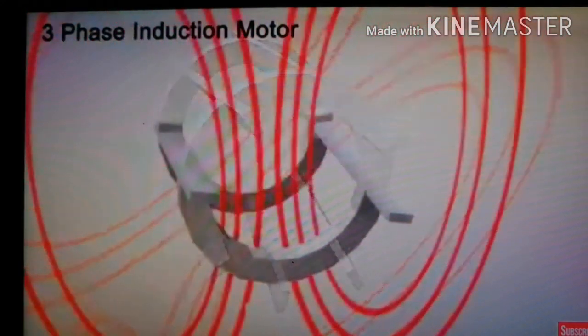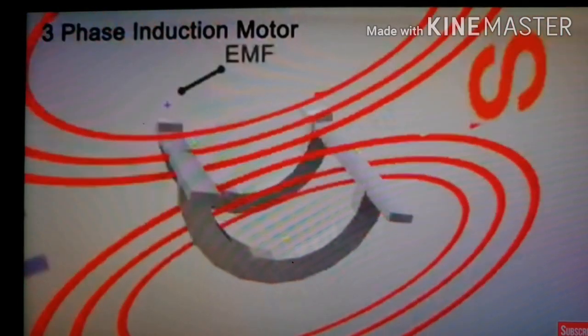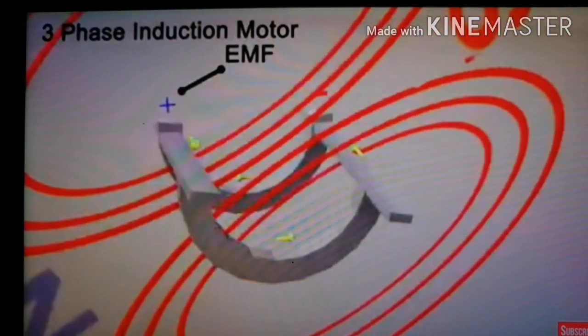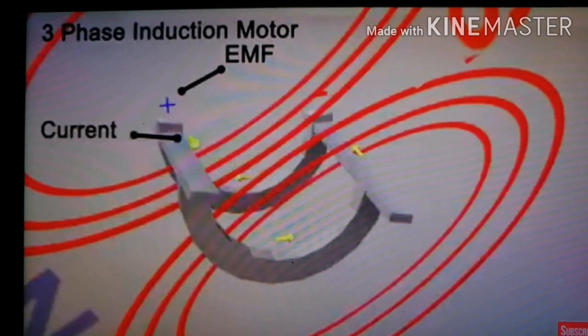According to Faraday's law, which states that an EMF is induced in a closed circuit due to the change in magnetic flux through the circuit, an EMF is induced and current flows in the rotor conductor. Direction of current is given according to Lenz's law.